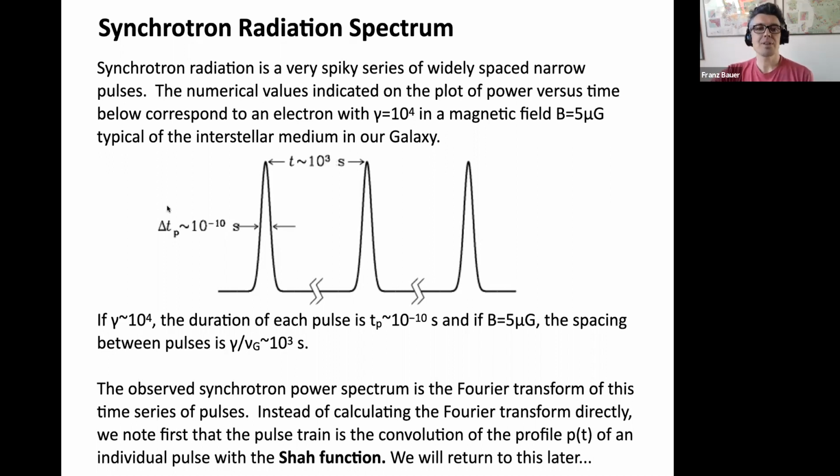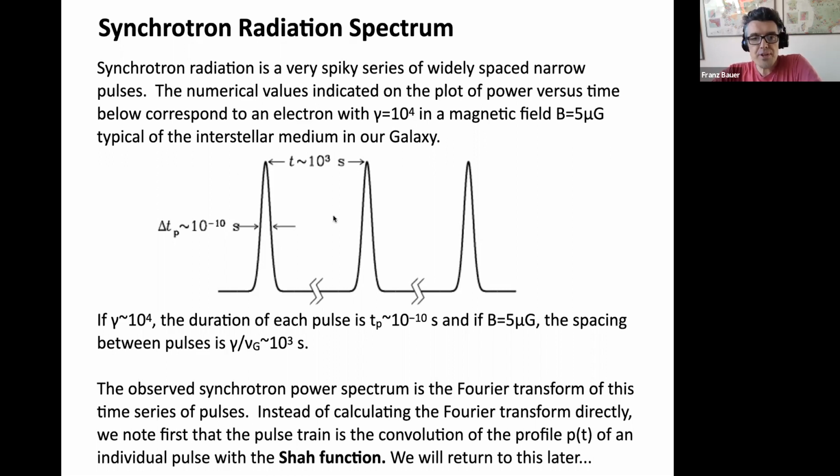And of course, plugging that in, you then get an arrival time, which is for this particular gamma, which is pretty high, and this particular magnetic field ends up being about 10 to the minus 10. So this is a very narrow pulse, and then a very long gap, and then a very narrow pulse, right? And so the spacing of these pulses is related here. But it's gamma divided by the gyro frequency in nu values, so divided by 2 pi.